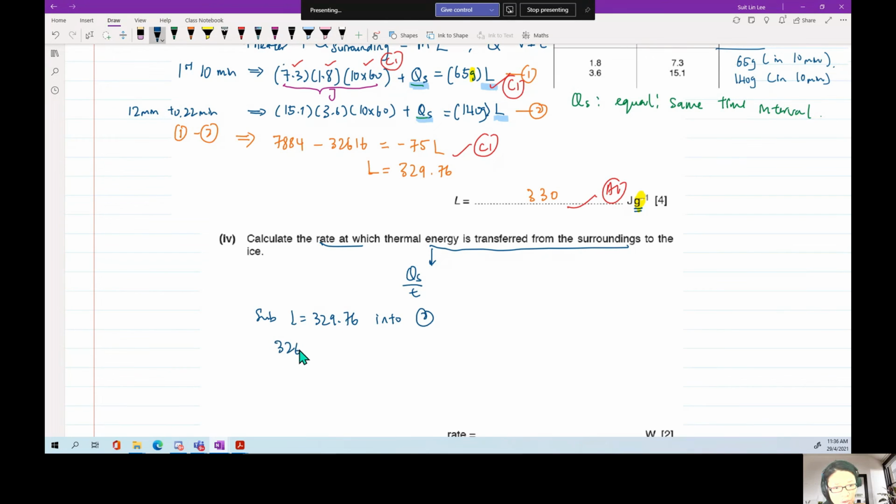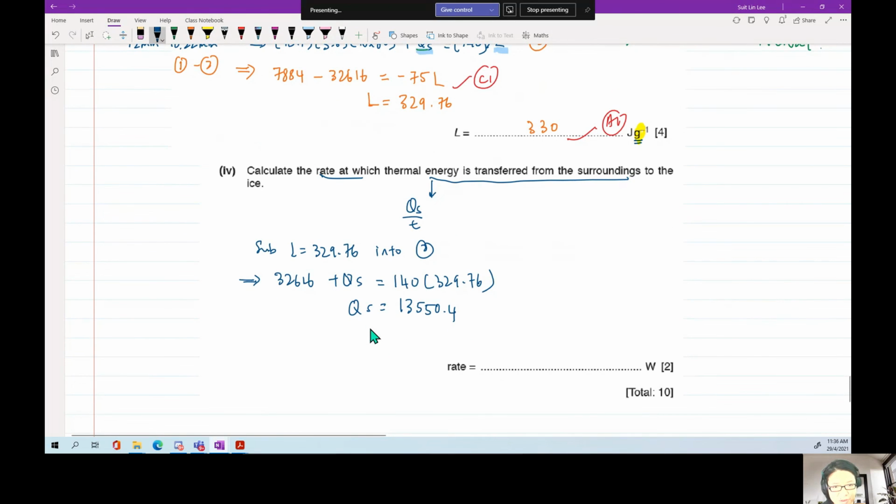So 32616 plus QS is equal to 140 times 329.76. Then QS is 13550.4.